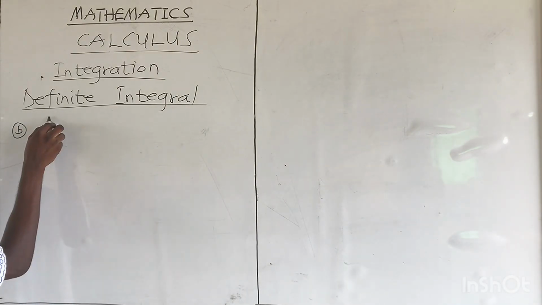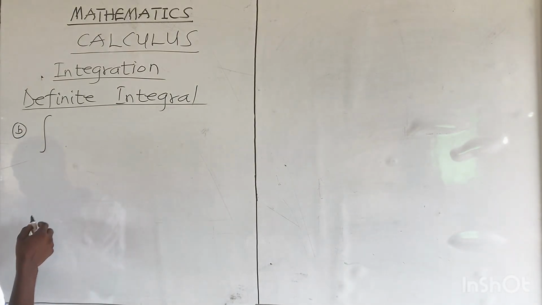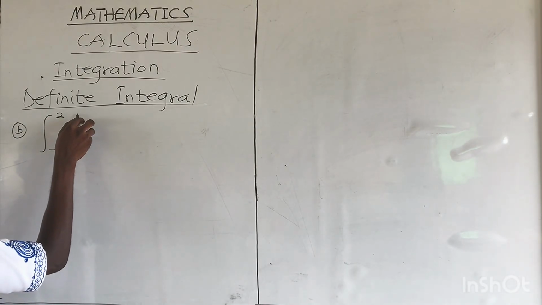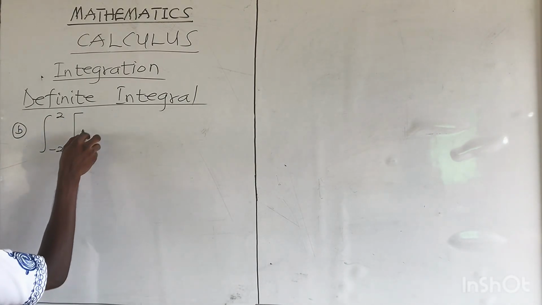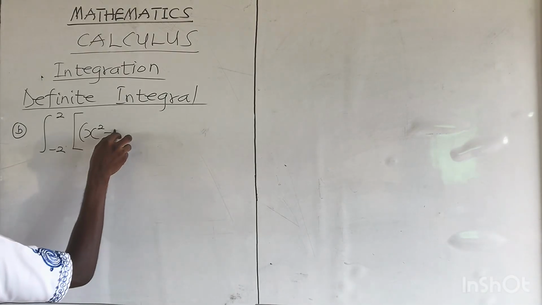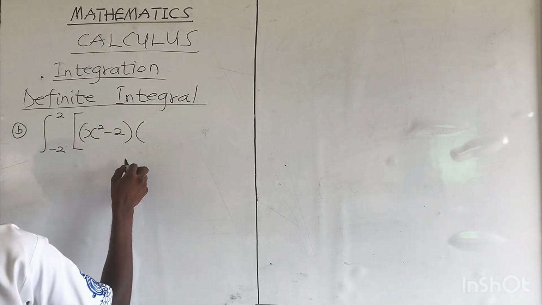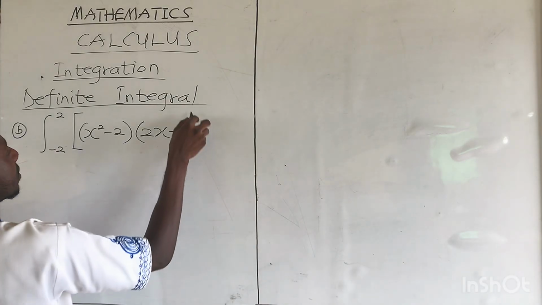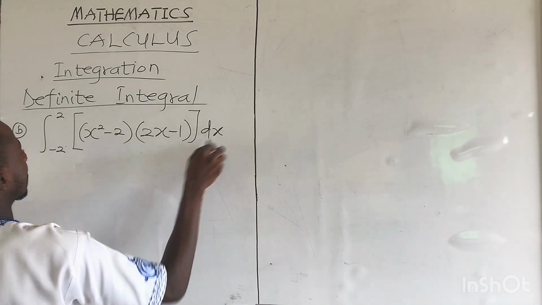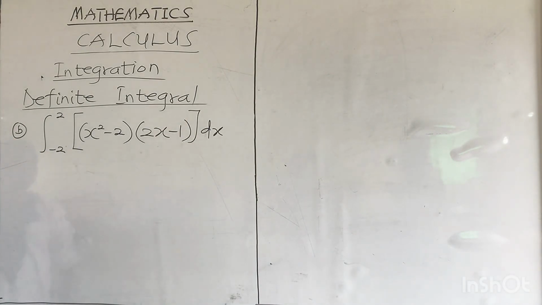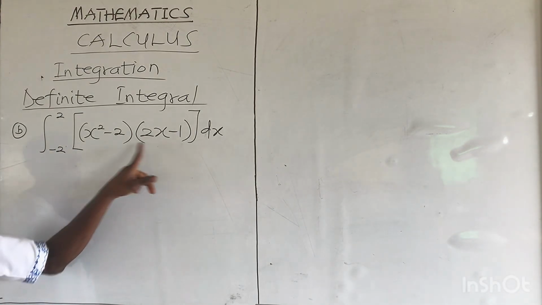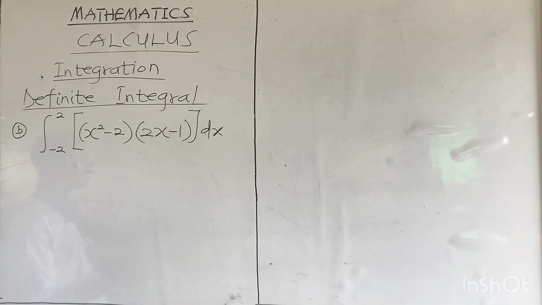B, the integral from negative 2 to positive 2 of (x squared minus 2) multiplying (2x minus 1) dx. From this question, we need to expand the two brackets before we can integrate.